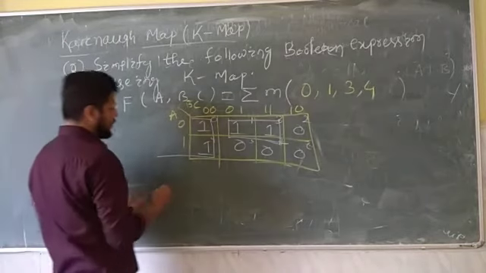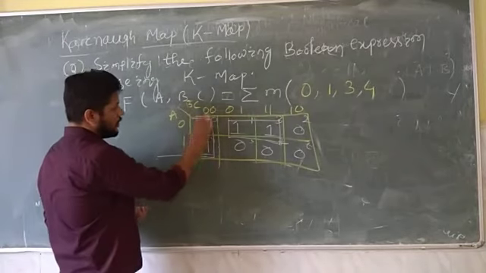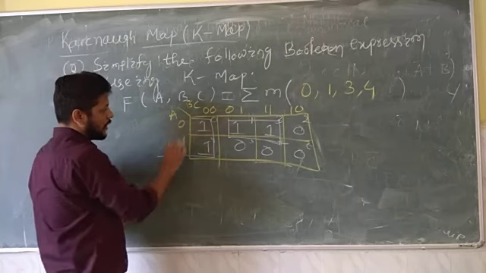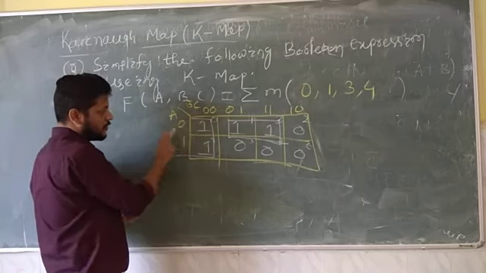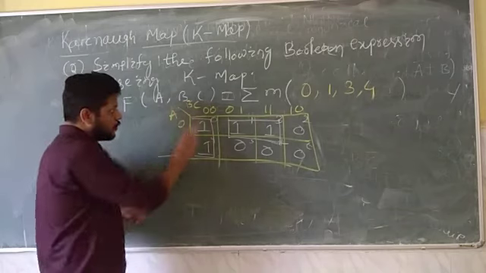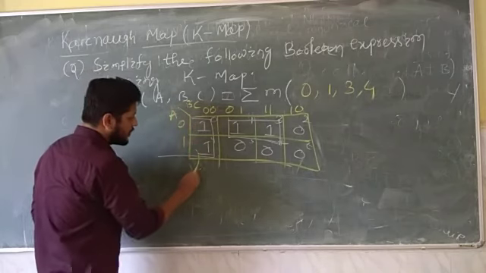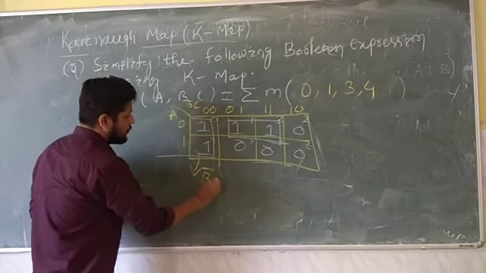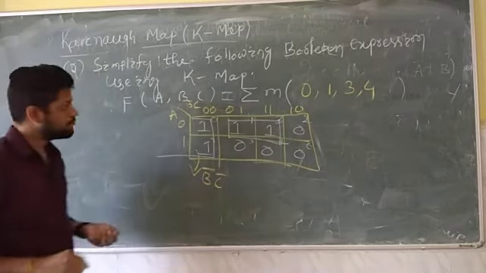In this group you can see here 1, 1, where only 00 is common, and 0, 1 is not common, that is changing here. A is changing, hence no need to write A. 00 is common, hence this is written as B bar C bar.